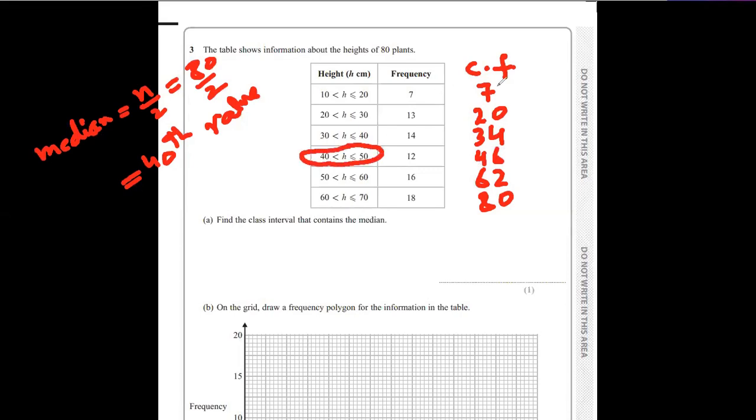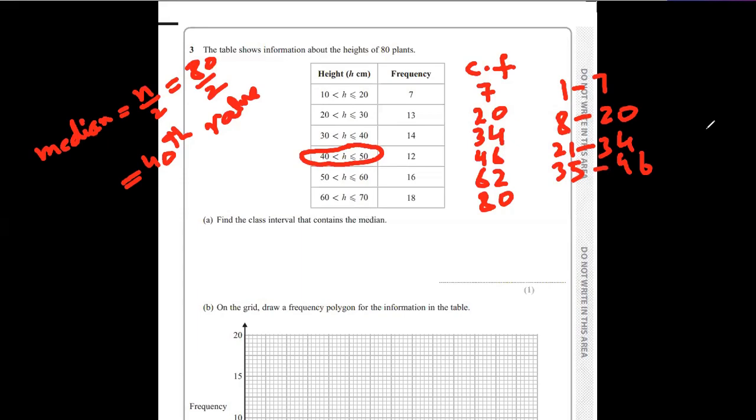From 1 to 7 have a height between 10 to 20. From 8 to 20 have a height of 20 to 30. From 21st to 34th have a height between 30 and 40. And 35th to 46th have a height of this. So the 40th value must be in this group that contains 46.